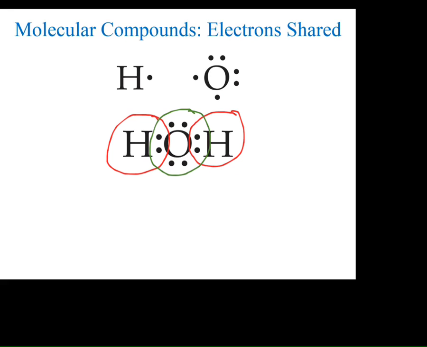Okay? Now the ones that are being shared, let me use a different color here. These ones that are being shared right here, see those? Those we call bonding pairs. So this is a bonding pair of electrons, a bonding pair. Okay, so is this one right here. Those are bonding pairs.